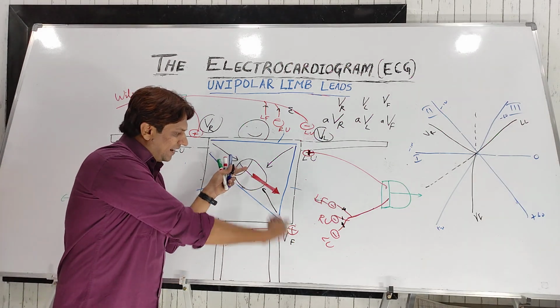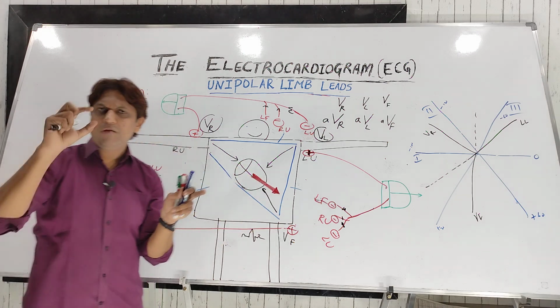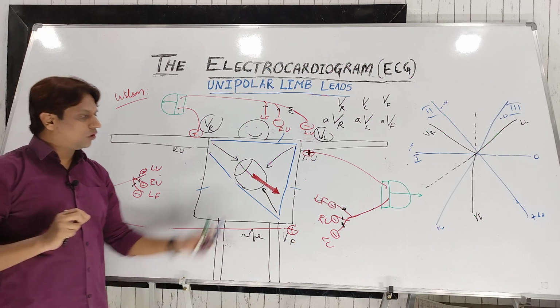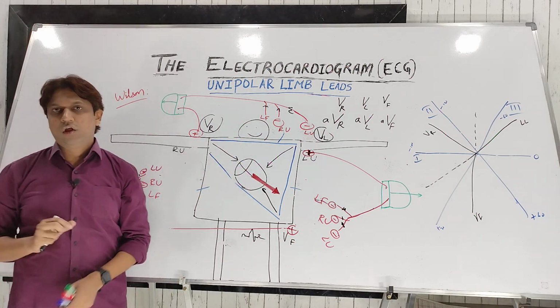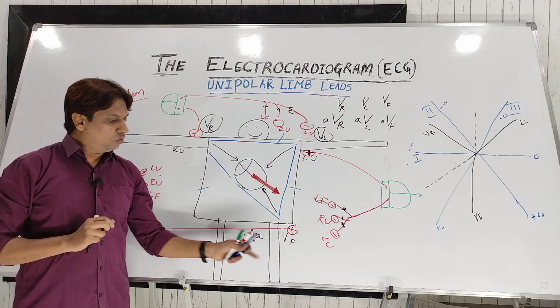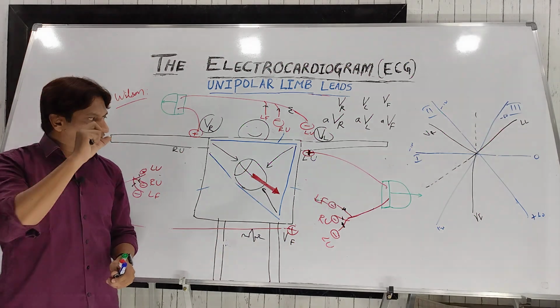So the electrical activity recorded was of very low amplitude, and the waves in the graph were very small compared to bipolar limb leads 2, 3 and 1. Because of this drawback, it was of smaller amplitude.